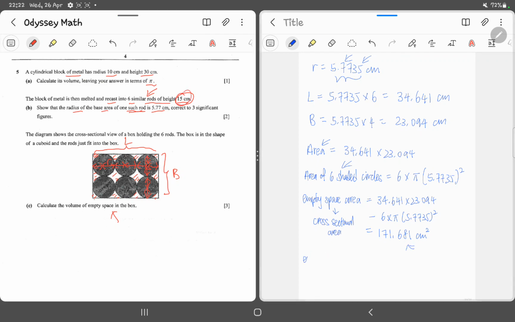So the empty space in the box equals the empty area, 171.681, times 15. This equals 2575.215 cm cubed. For the final answer, remember to round off to 3 significant figures. It will be 2580 cm cubed, rounded off to 3 significant figures.